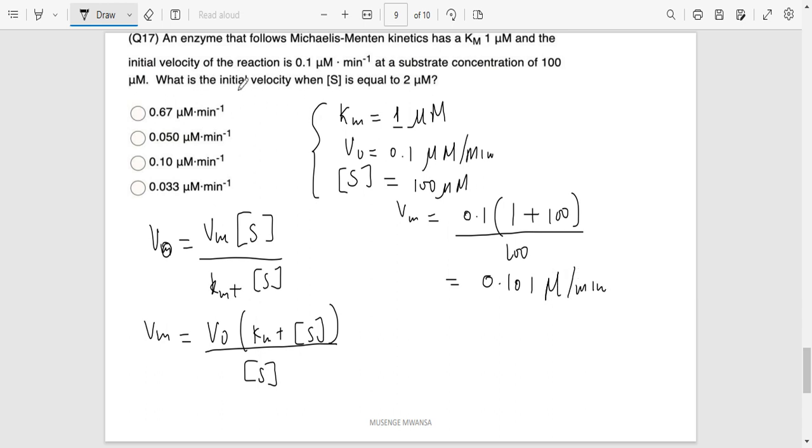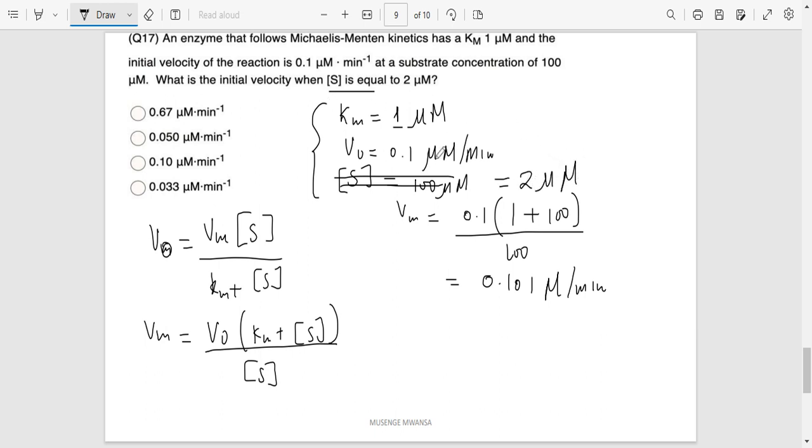Now, what is the initial velocity when the concentration of the substrate is 2? We've now changed this. The concentration of the substrate is no longer that value. It is now 2 millimolar.